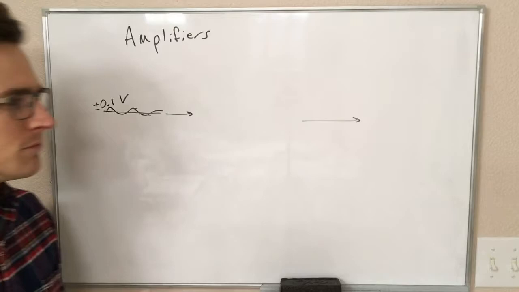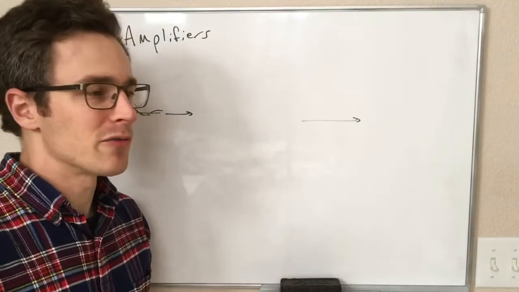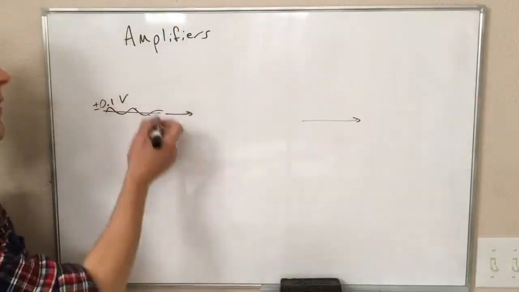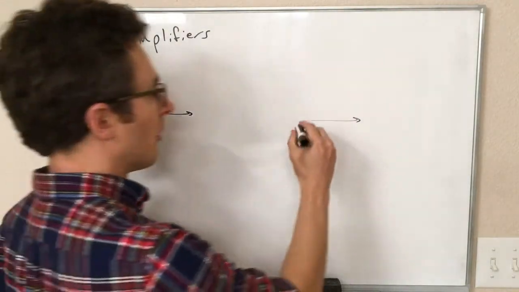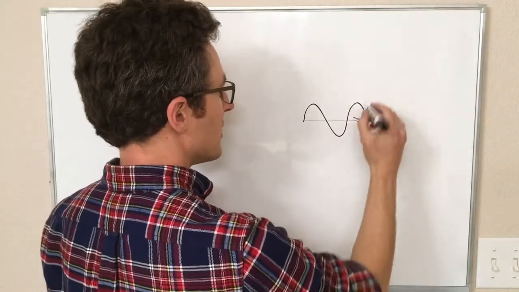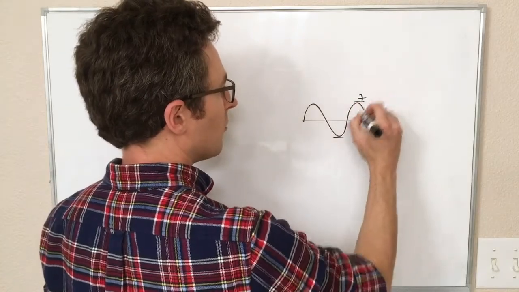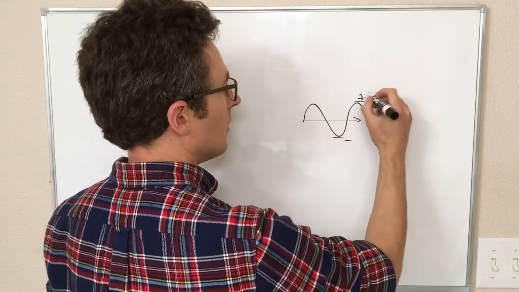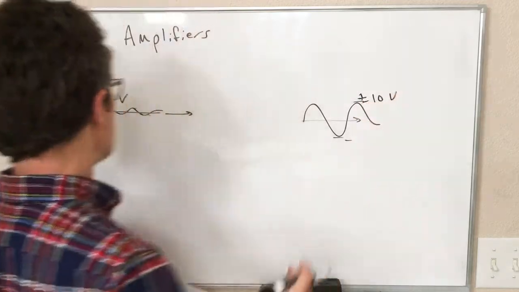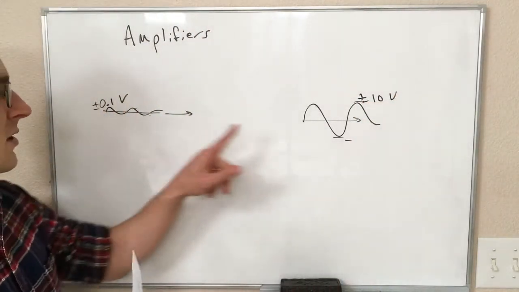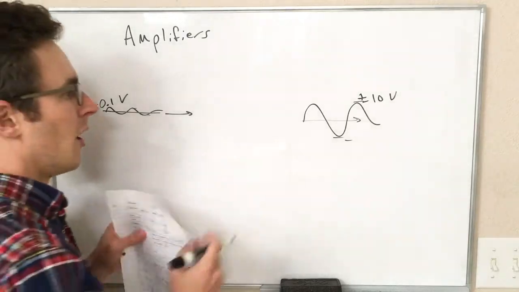Maybe we're using this to turn a light on and off or move a motor or something that needs more than that voltage. We would like to have that same signal, but bigger, right? Multiplied by some number. So plus or minus 10 volts, we'll say. So how can we make this signal bigger by a factor of 100?